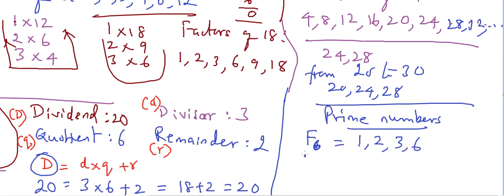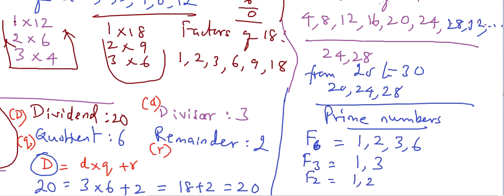Let's take 3. The factors of 3 are 1 and 3. There are no other factors. So therefore 3 is a prime number. What are the factors of 2? There's 1 and 2.